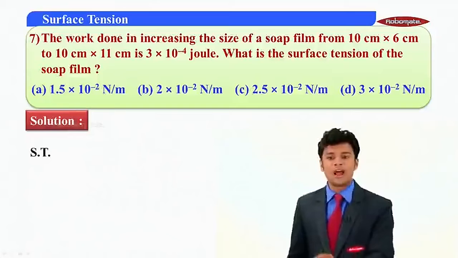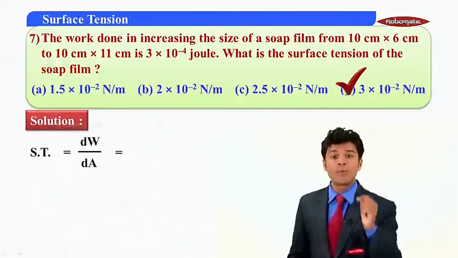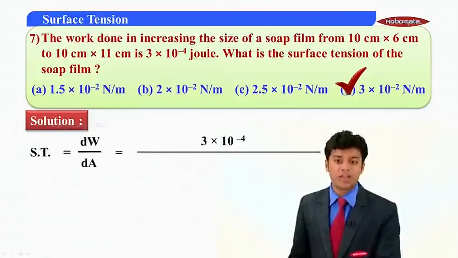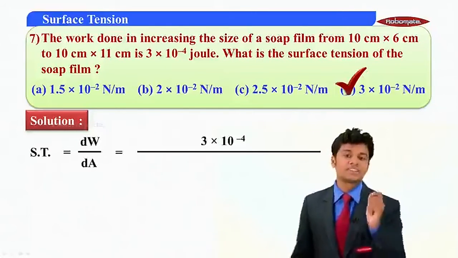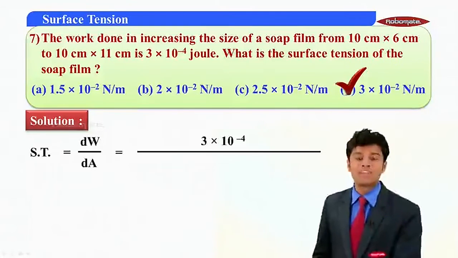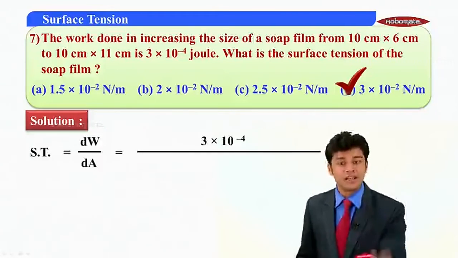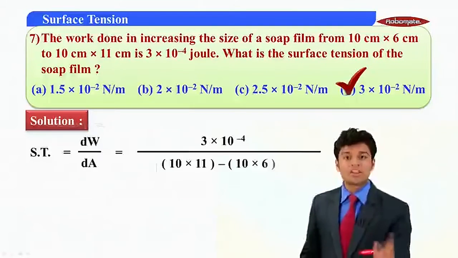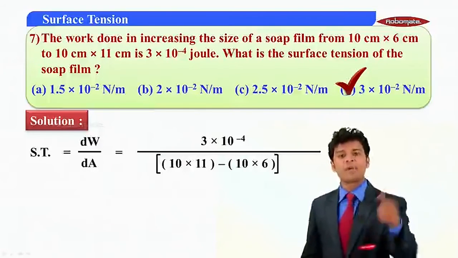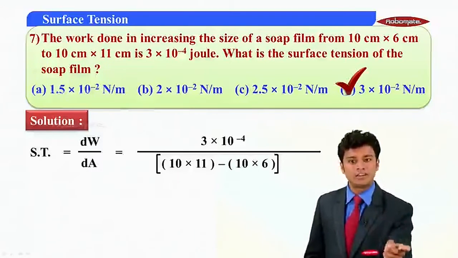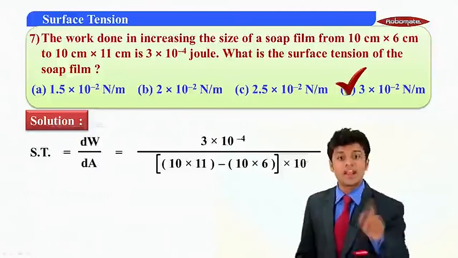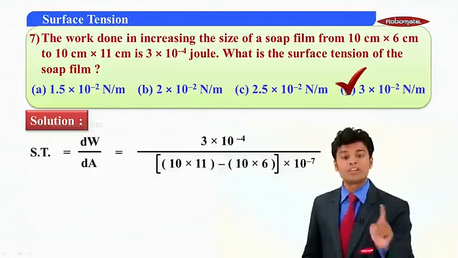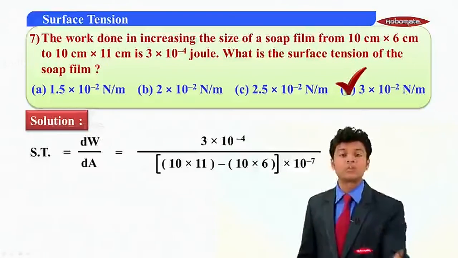We know that dW = T dA, so surface tension is equal to dW upon dA. Work done is 3 into 10 raised to minus 4 upon dA, where dA is the change in area. Original area was 10 by 6 and final area is 10 into 11. So the change in area is final area minus initial area, 10 into 11 minus 10 into 6, into 10 raised to minus 4 to convert centimeter to meter.